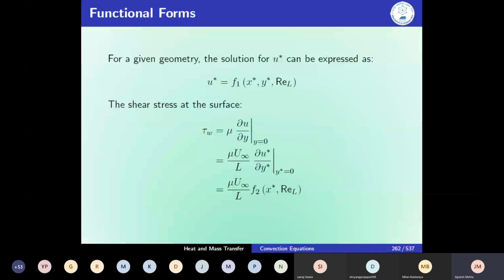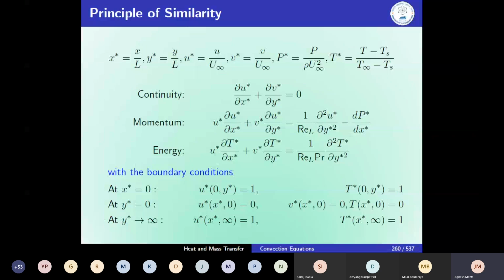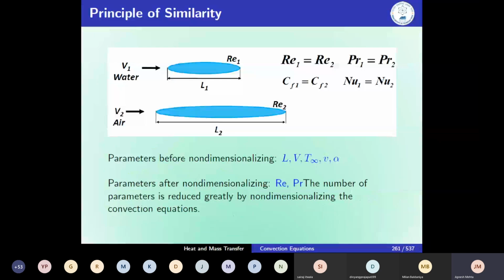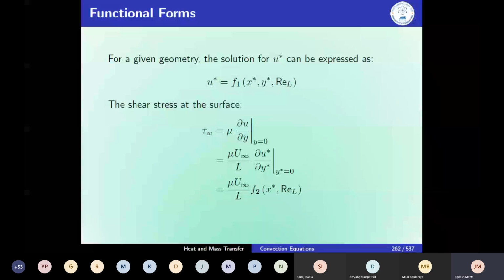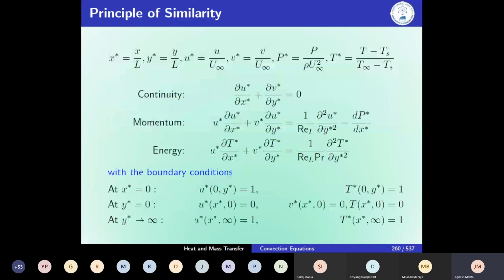Now, if you look at the second equation, the x momentum equation, your u star is a function of x star, y star, and Reynolds number. Right. So what you find here is, let's say you are interested in getting this u profile, right? So a profile of u velocity.